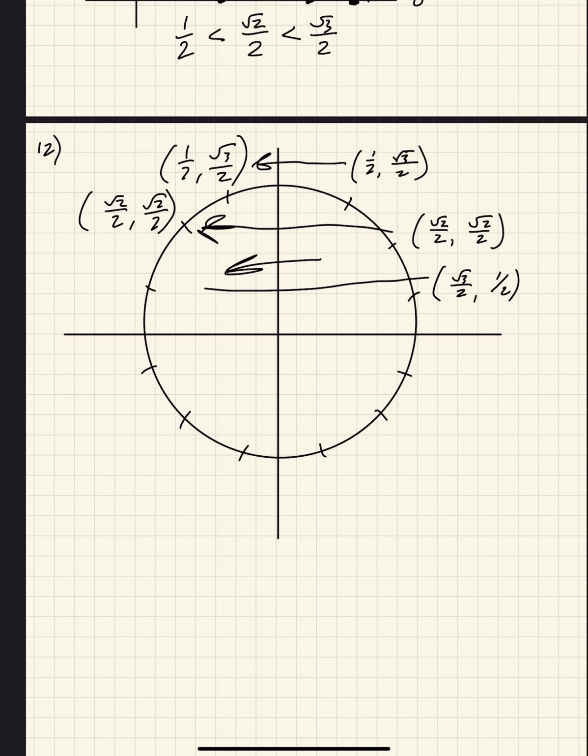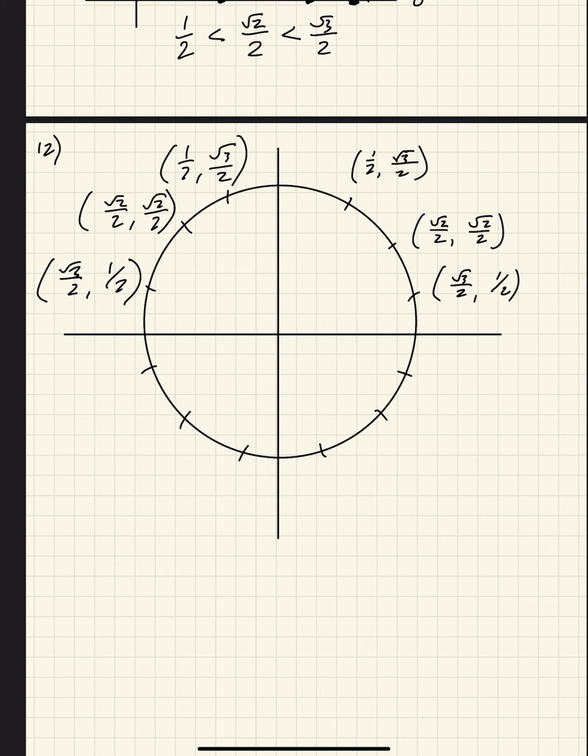And then this value is going to flip all the way over here to become root 3 over 2, 1/2. Now, these are almost correct. The only problem that we now have is that we're in quadrant 2, right? But we have positive x coordinates. And all we do to remedy that is just to make our x coordinates negative.